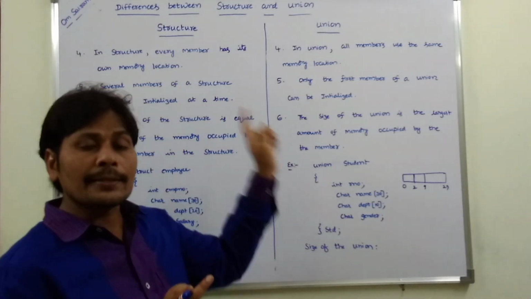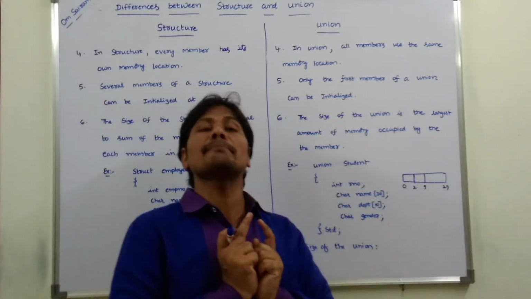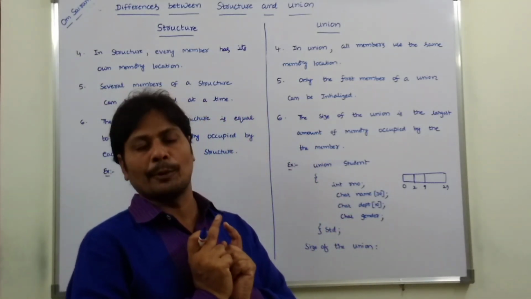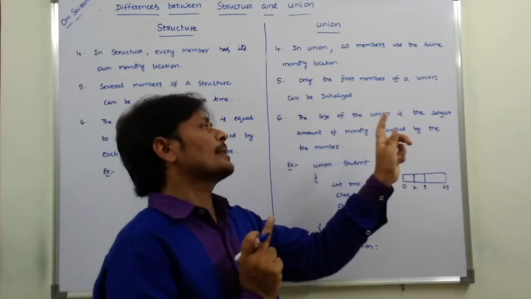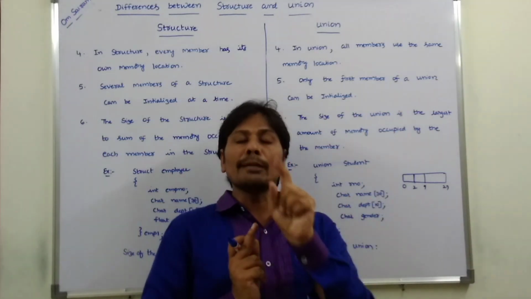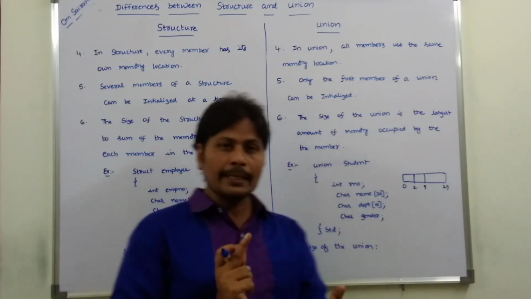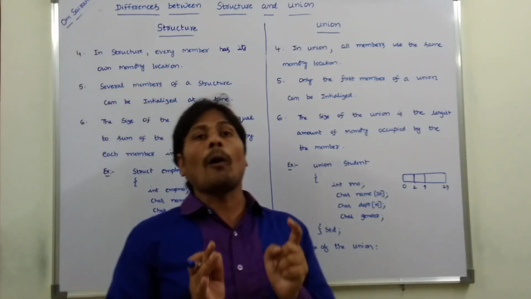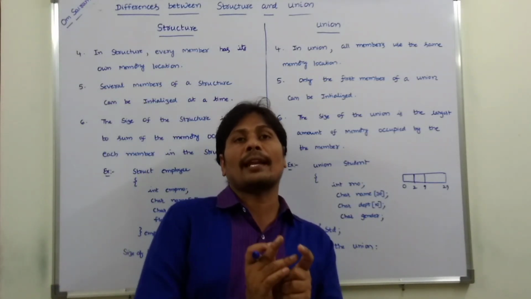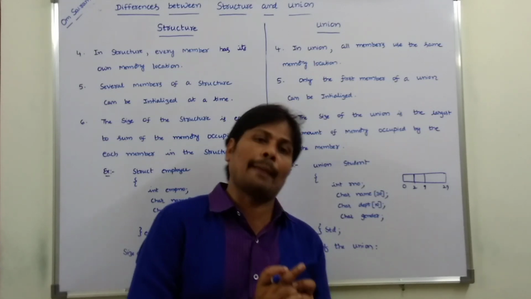But in the case of union, only the first member can be initialized. That means at a time only one member can be initialized in a union, but in a structure, all the members can be initialized at the same time.